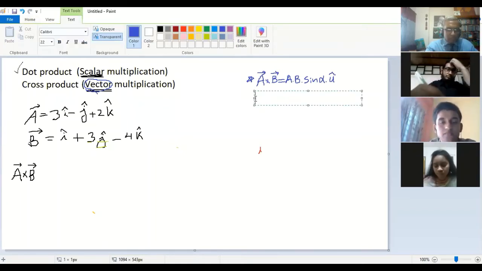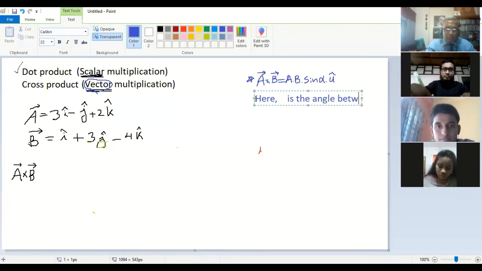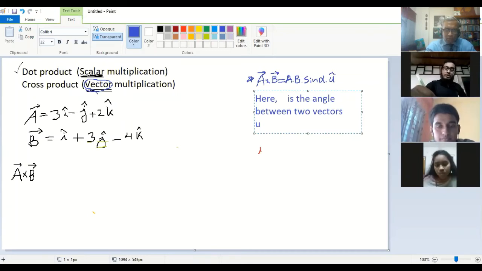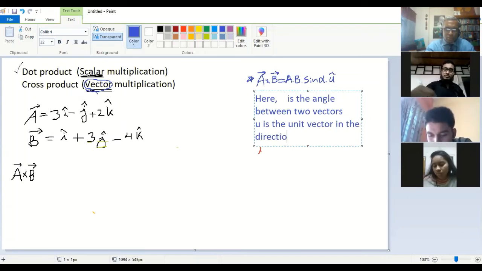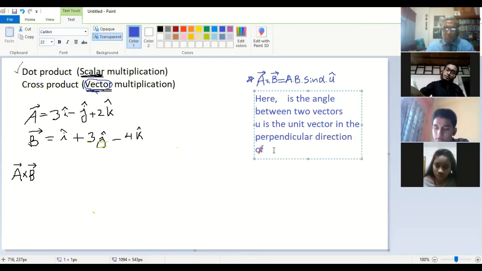Alpha is the angle between two vectors, and u is the unit vector in the perpendicular direction of both vectors.